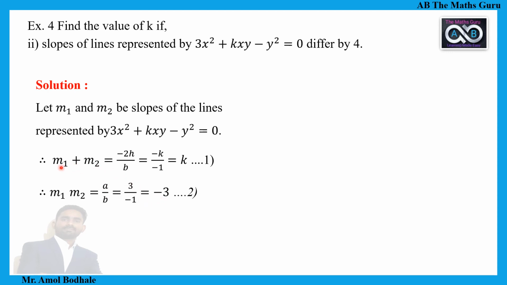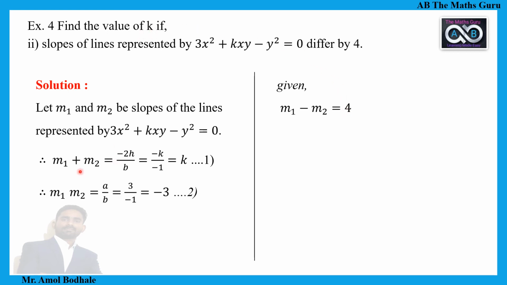So we have m1 plus m2 and m1 into m2, but we have the given condition that the difference of slopes, m1 minus m2, is equal to 4. Now using this condition, we have to find the value of k.